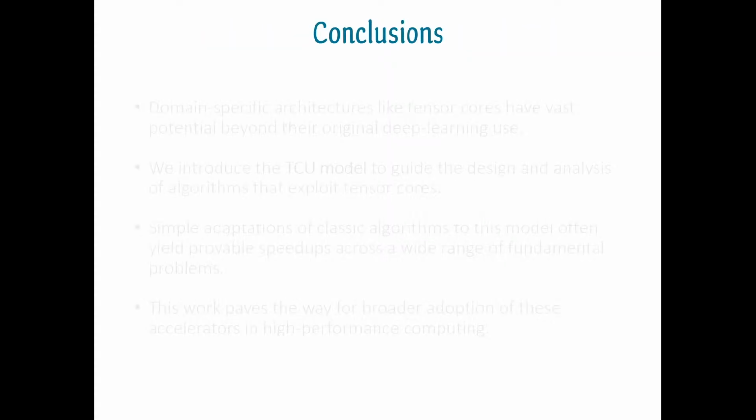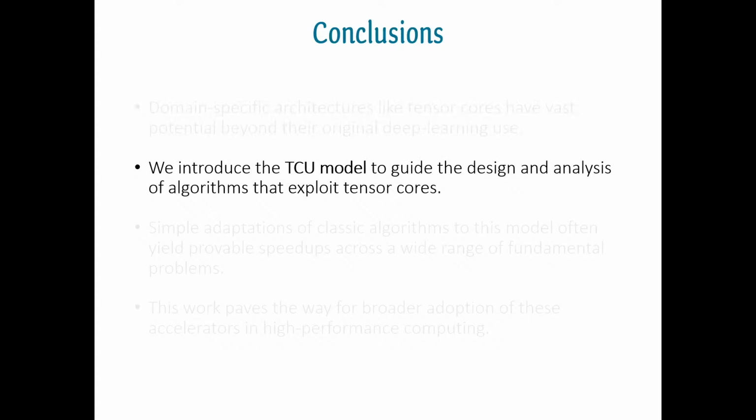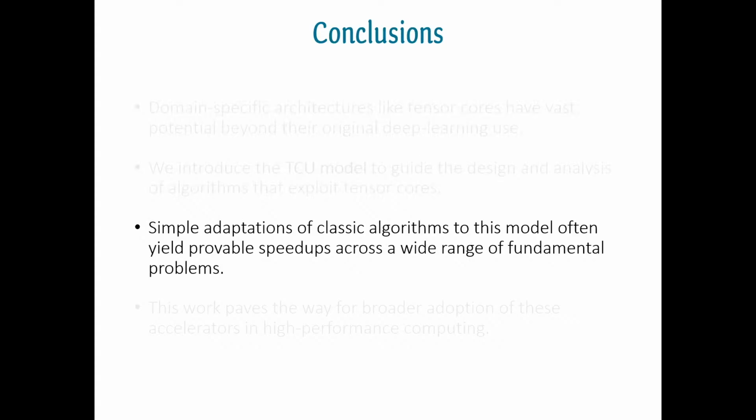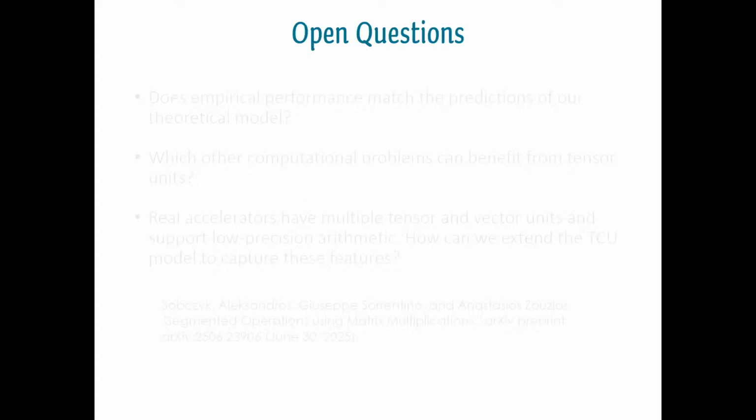So that's about it. What we did is that we have this TCU model, and we show that simple adaptations can give you speed up in theory. And we hope that this paves the way for broader adoption of these accelerators in high-performance computing.